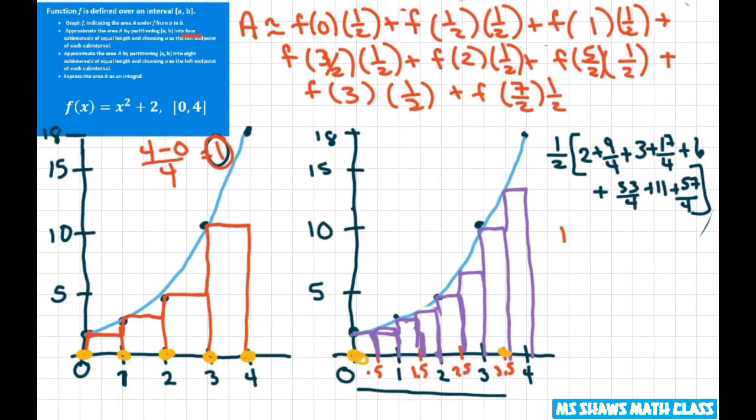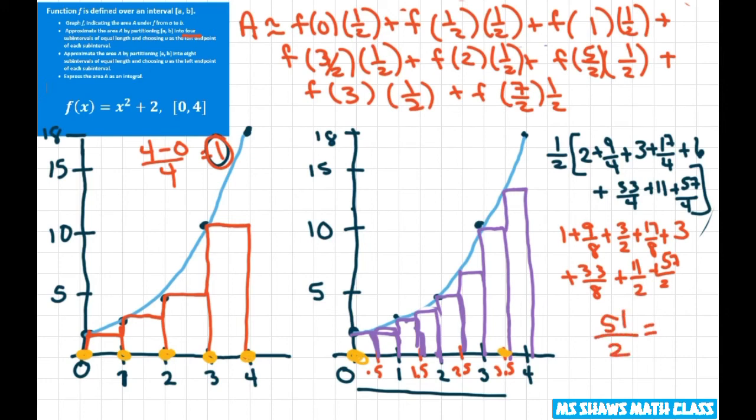this is going to be 1, if you multiply through 1/2, 1 plus 9/8 plus 3/2 plus 17/8 plus 3 plus 33/8 plus 11/2 plus 57/2, and this is all going to equal 51 divided by 2, which equals 25.5.